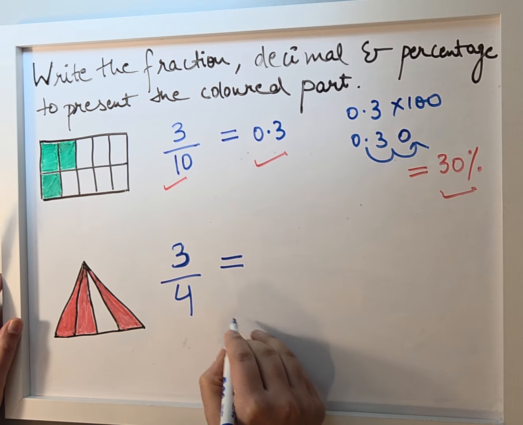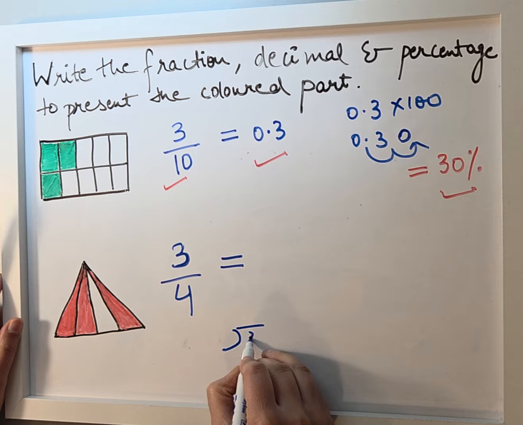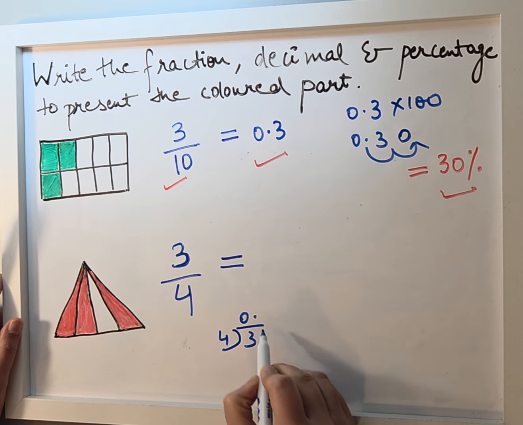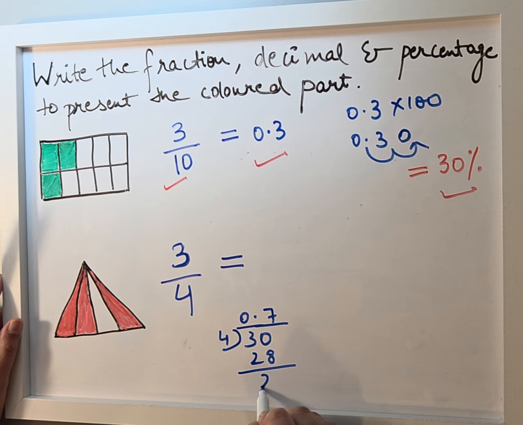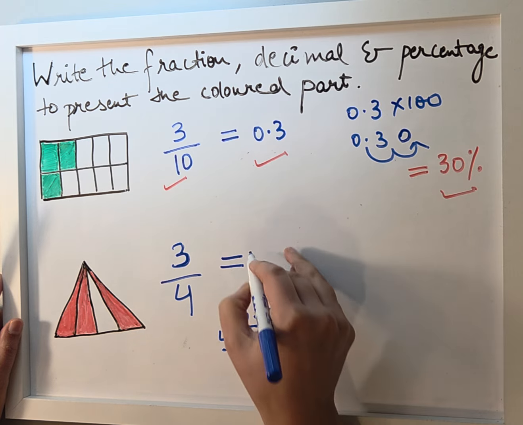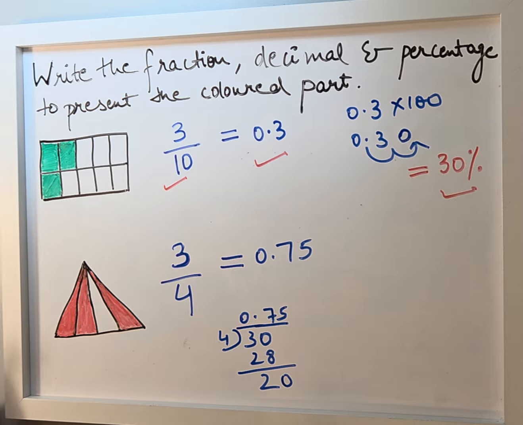So 3 divided by 4. 3 is smaller than 4, so we put a decimal and then it's 30, and then 4 sevens are 28, remainder 2, and then we get a 0, 5. So we get 0.75. So we've performed simple division for the fraction.